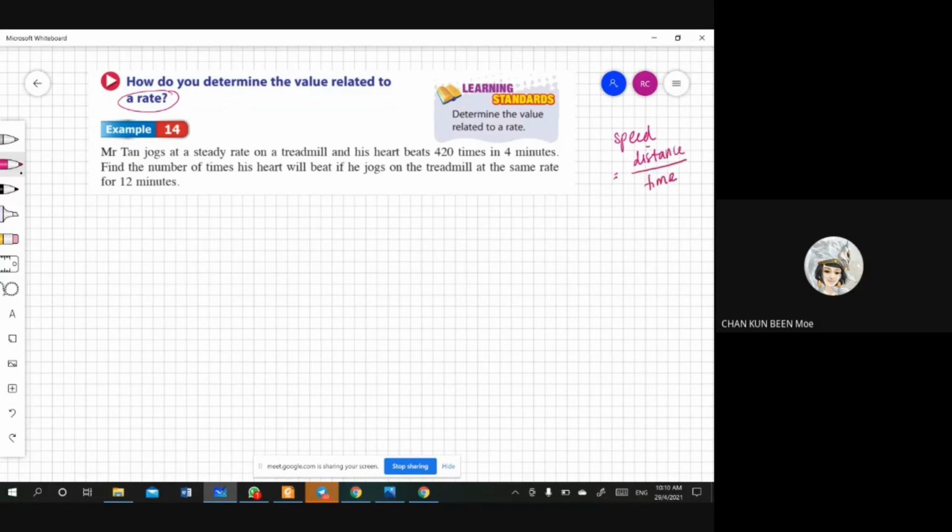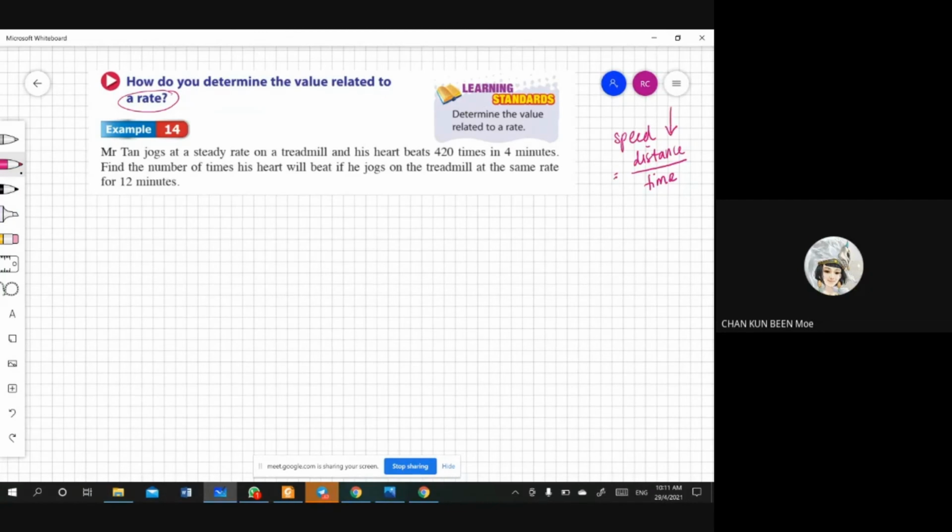Sometimes you can see your parent, your father, they bring you to the school, they drive, right? When they drive along, they reach the roundabout, they have to slow down, right? Is the speed still very fast when he reached the roundabout there? No. The speed will be very slow, so the speed will reduce.